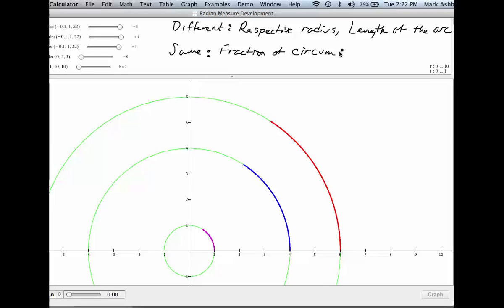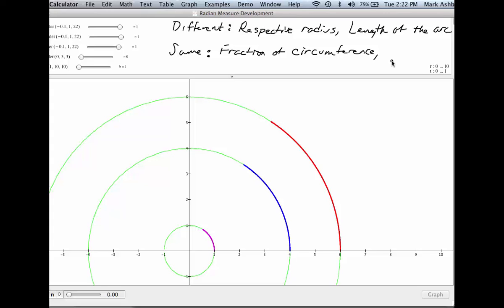Let's see. Justin, did you get another one that's the same? I said the degree of the arc length. Okay, so it sounds like you're kind of talking about an angle. Are you talking about an angle when you say degrees? That's okay.